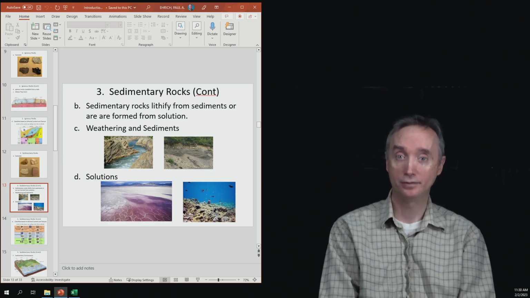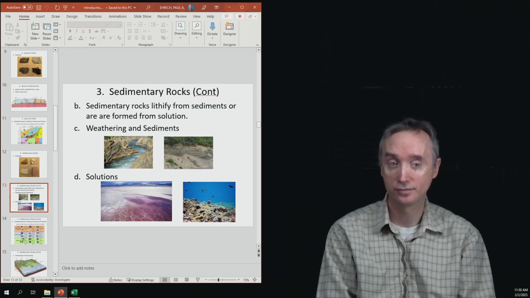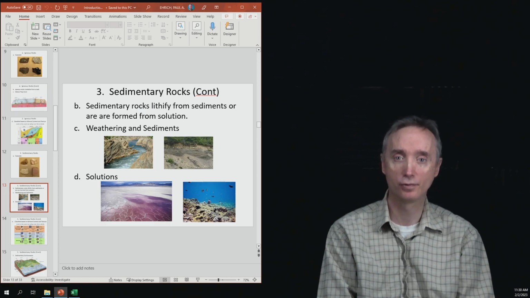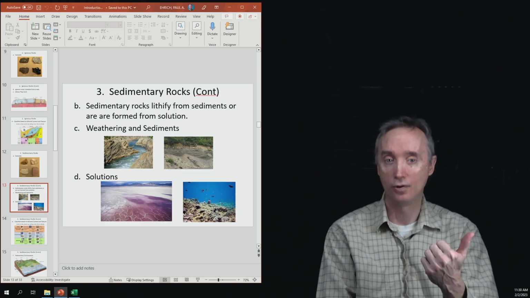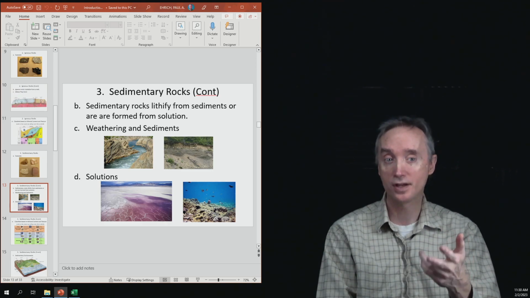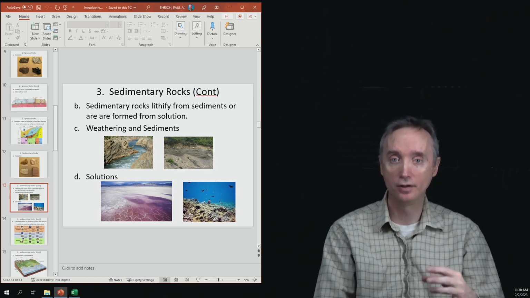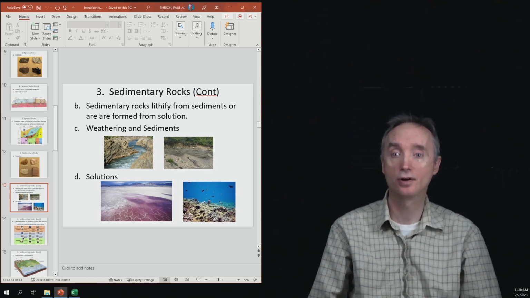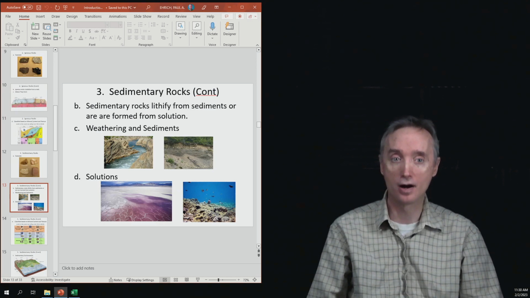So what do we mean by sediments? So you take any kind of rock and you subject it to rain or wind or gravity or temperature. So all of these processes that occur at the surface of the earth are going to start to alter that rock.